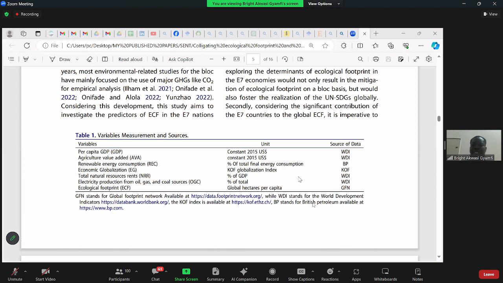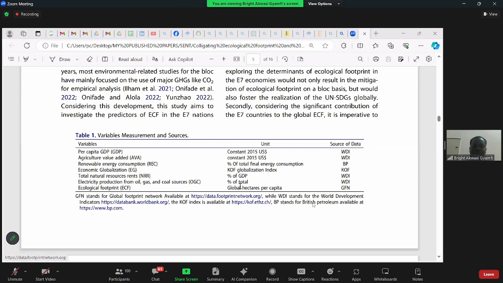Total natural resource rent is taken from the World Bank. And electricity production from oil, gas, and clean energy is taken from the World Bank. And ecological footprint is taken from GFN, the Global Footprint Network. This is the name, Global Footprint.